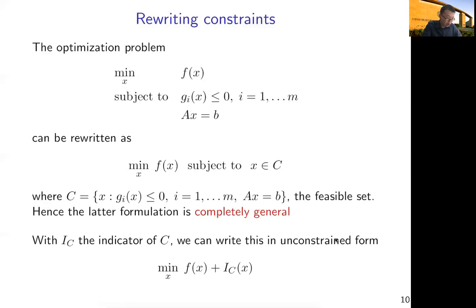Okay. So equivalently, we can make it a completely unconstrained objective function by using the indicator function. Recall that the indicator function gives you positive infinity when x is not in the convex set C, and it gives you 0 when x is in the convex set C. So these two are just a more opaque but equivalent definition of the generic form of a convex optimization problem.